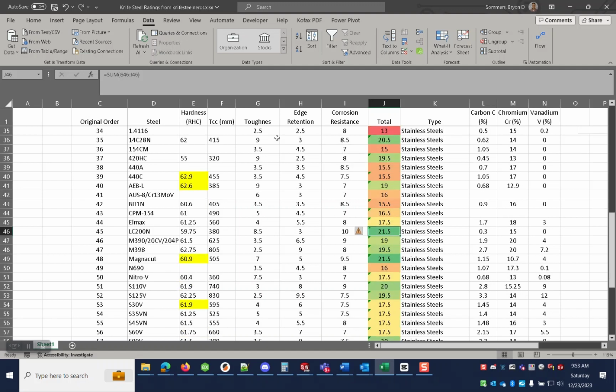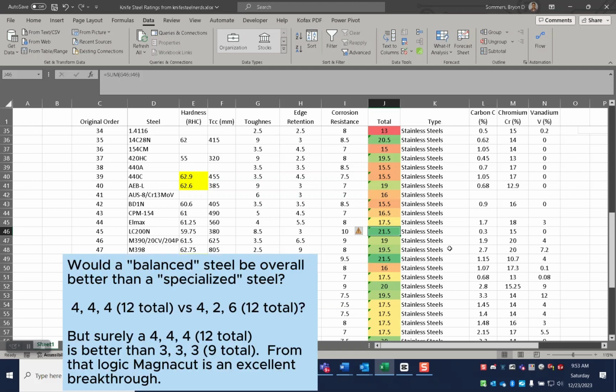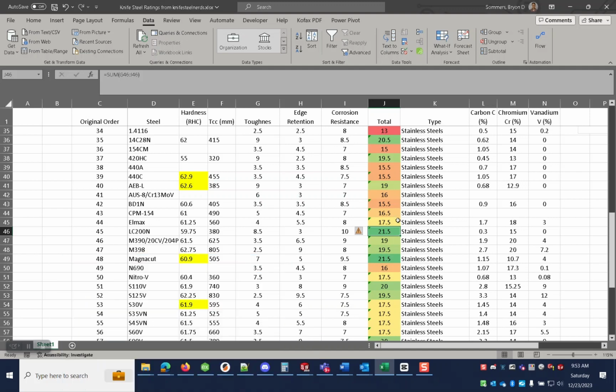First of all, we could weight each column depending on what people care about, because some people might not care about corrosion resistance at all, so they would just eliminate this from the total. Out of a maximum of 30, 21.5 out of 30 is the highest. As a percentage, that's like 67% or 70-ish% performance, in quotes.